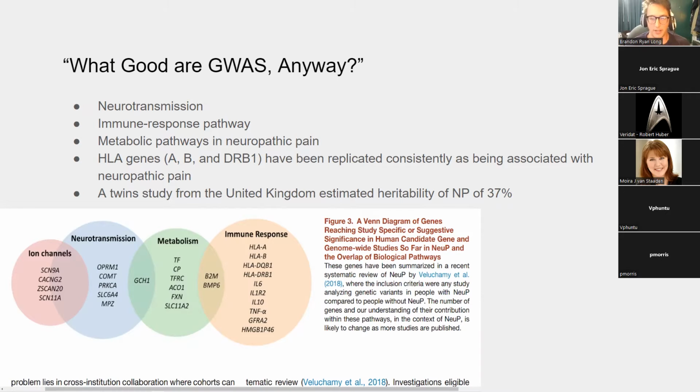In the case of chronic pain, there's large heritability, about 37% from the twin studies. So trying to find these pathways and prospective genes is an emerging trend with GWAS.